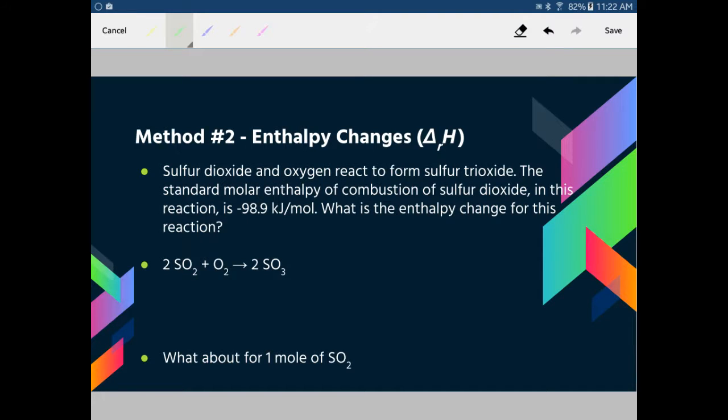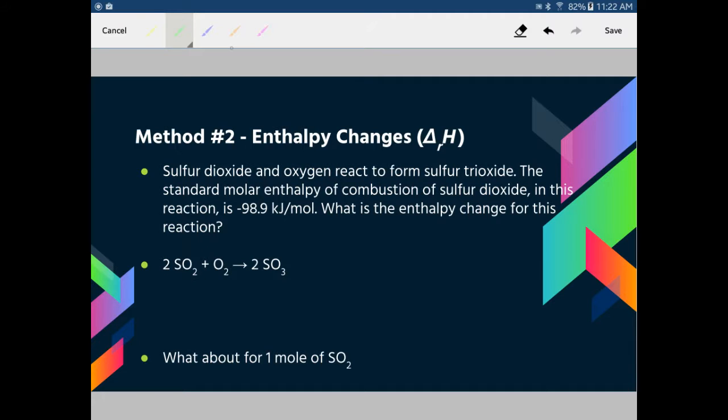The standard molar enthalpy of combustion of sulfur dioxide in this reaction is negative 98.9 kilojoules per mole. So what is the enthalpy change for this reaction? We have 2 moles of sulfur dioxide and 1 mole of oxygen gas giving us 2 moles of sulfur trioxide.